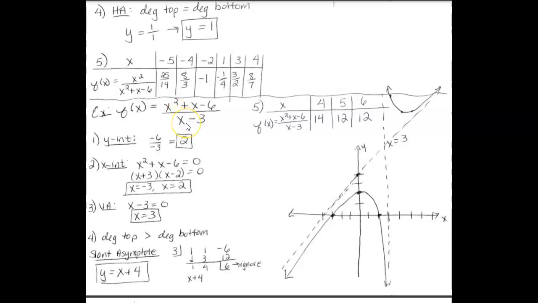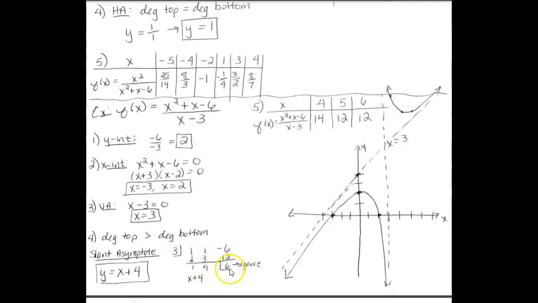This is of the form where we could divide by synthetic division, right? So the 0 of the denominator is 3, so that would sit out here. The coefficients 1, 1, negative 6, and we just do the synthetic division process. So this drops down the 1. 3 times 1 is 3, it would go here. Add is a 4. 3 times 4 is 12, would go here.